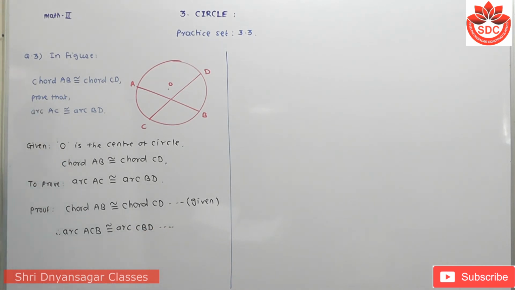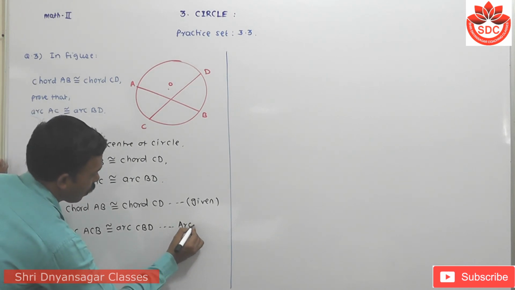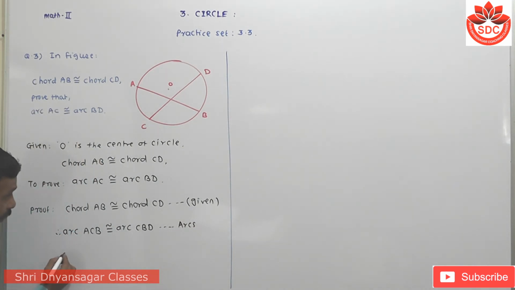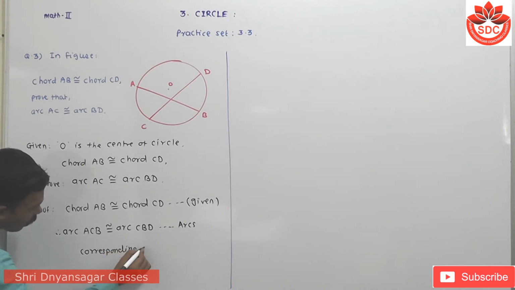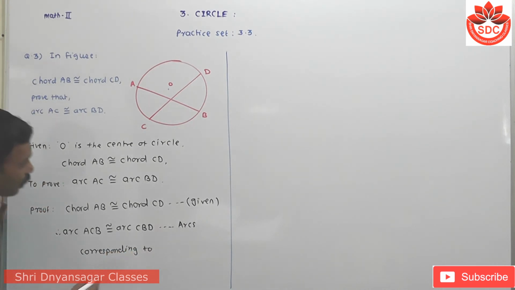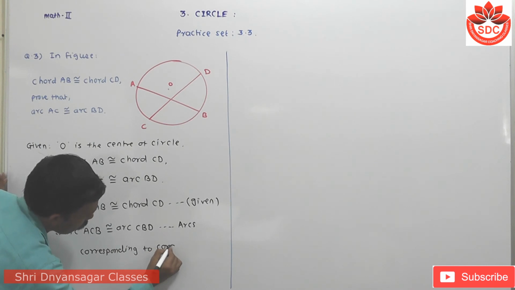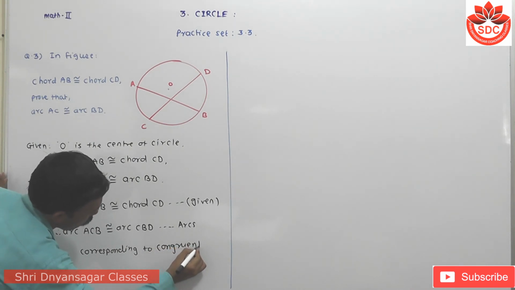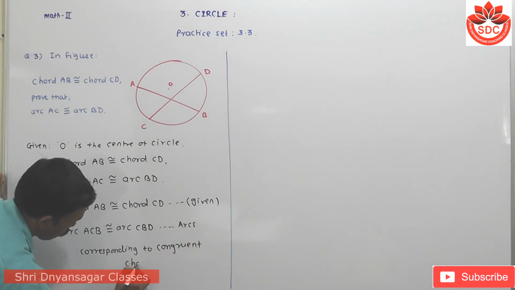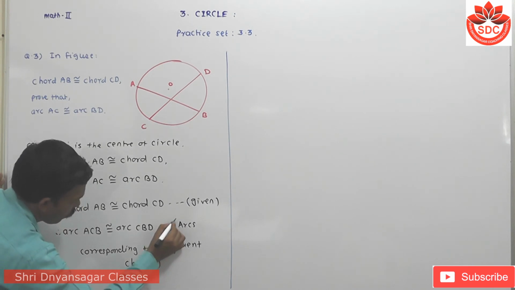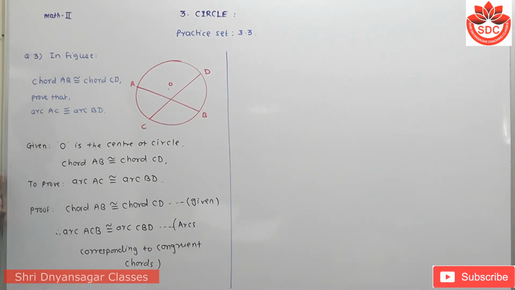Here we write the reason: arcs corresponding to congruent chords. Can you understand this reason? Arcs corresponding to congruent chords.